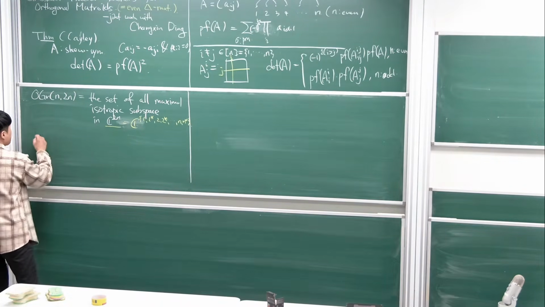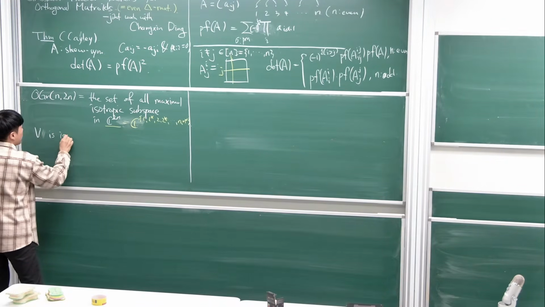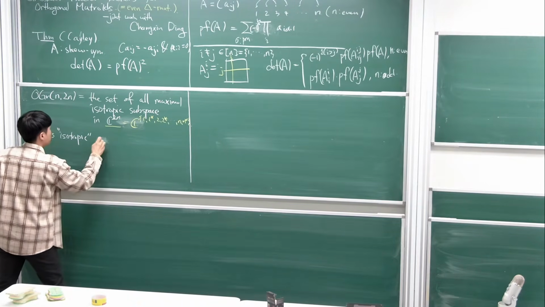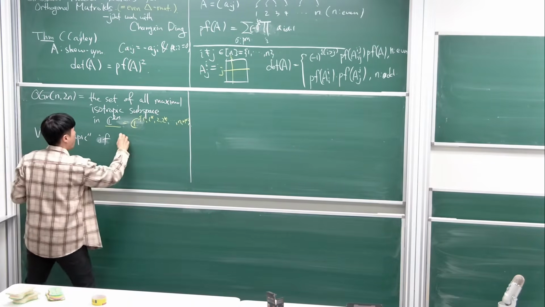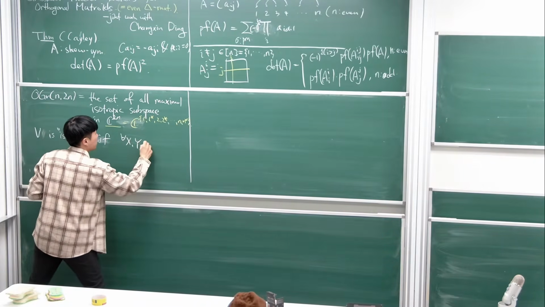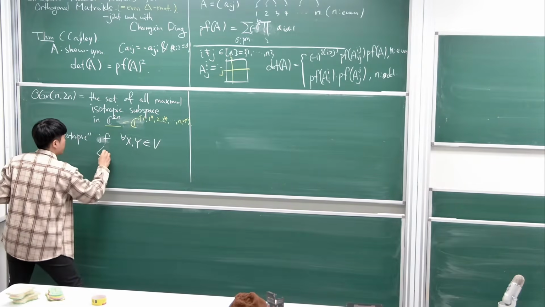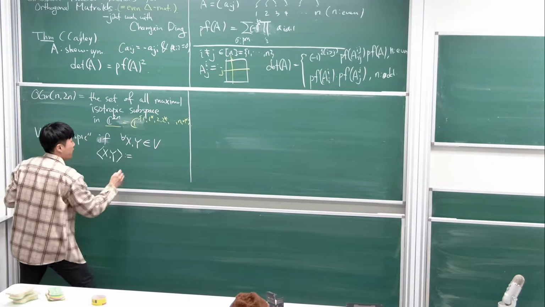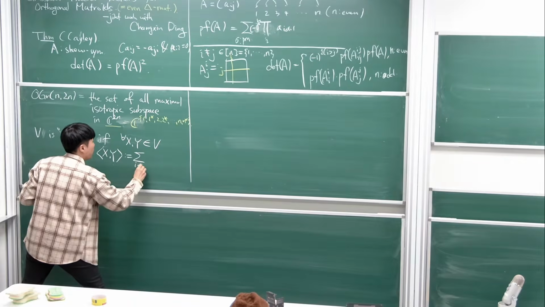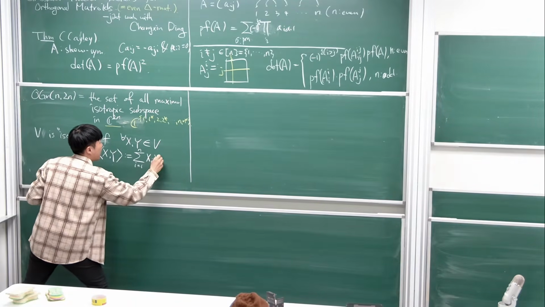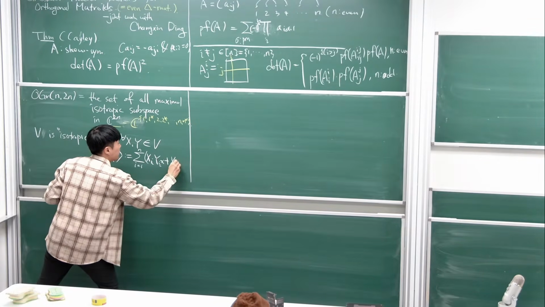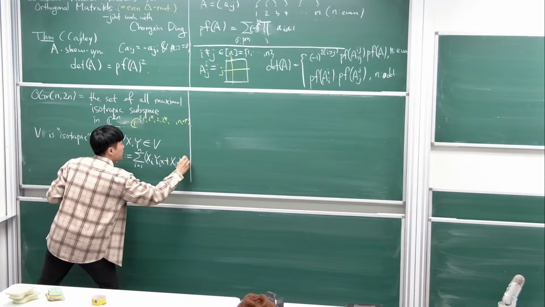A vector space V is isotropic means that for all x and y in V, this symmetric bilinear form vanishes, which is defined in the following way: the summation over all i of x_i y_{i*} plus x_{i*} y_i.